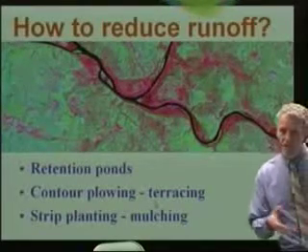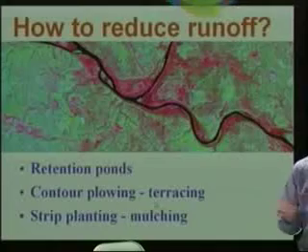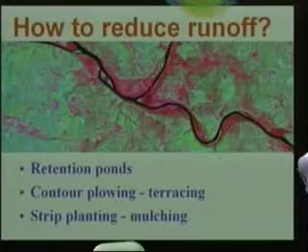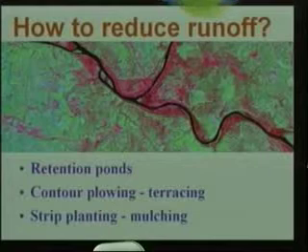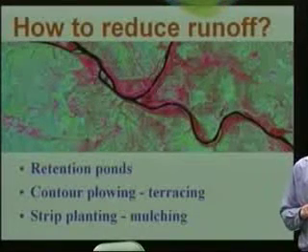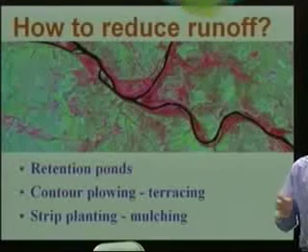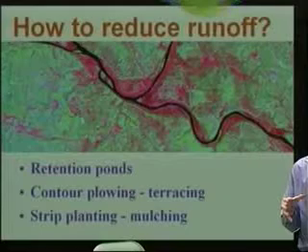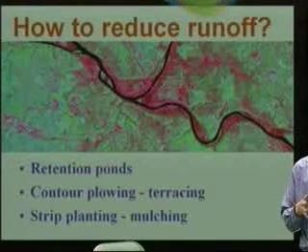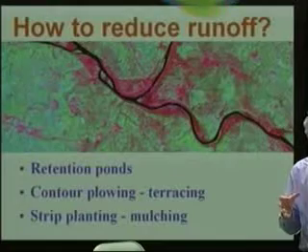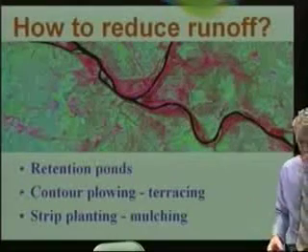Build a little earthen dam, let the rainwater collect in there, make a bass pond out of it, and hold that water back. Or if you get into the terracing and contour plowing, to again hold that water back on the land to keep it from going straight into the river system and silting it over. Or more vegetation, strip planting, alternating crops, and keep the mulch on the land so that the soil isn't eroded very quickly and boom goes into the river and floods.